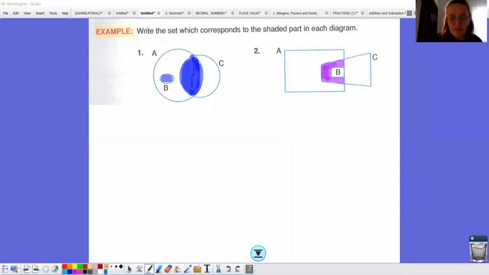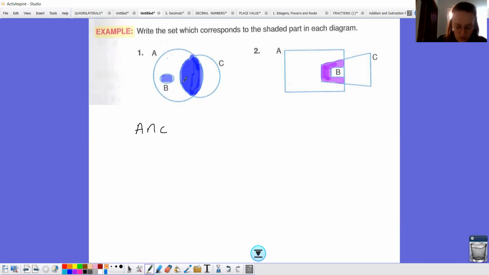Okay, so this one here, as you see, there are some shaded parts. And it's written: write the set which corresponds to the shaded part in each diagram. So which set is shown here? This is shaded in both of them. Here, as you see, this part is A intersection C. Yes?